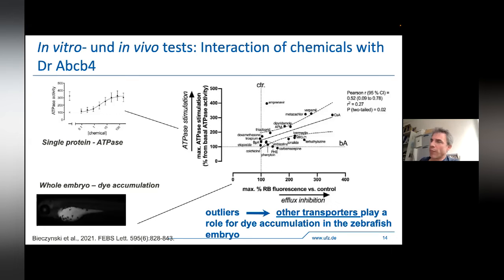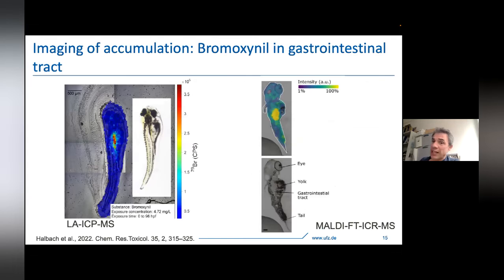And we looked for another transporter when we had this data. So this is an image of a zebrafish embryo, and it was exposed to the compound bromoxynil. So bromoxynil is a herbicide containing bromine, and you can actually visualize the bromine.